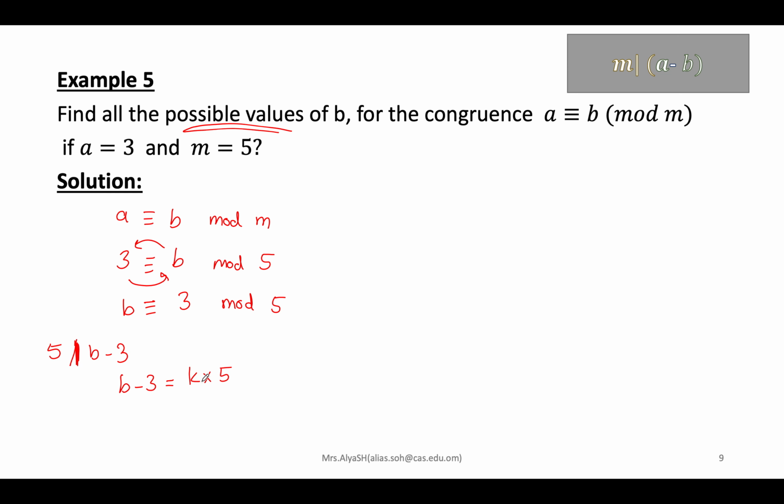What do we mean by a multiple of 5? We mean that there is no remainder. The value here can be divided by 5 with no remainder.